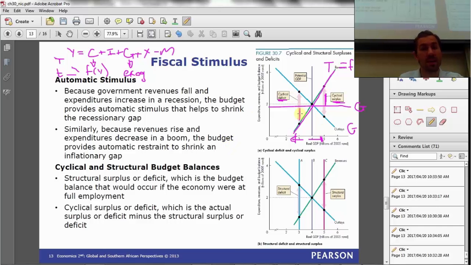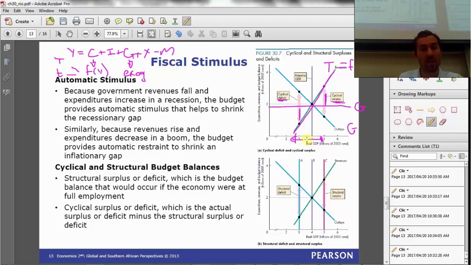The cyclical deficit. Okay. So I said even if government spending is horizontal, if taxes are increasing as output is increasing, right? Then if output decreases, tax revenues fall, but government spending stays constant, right?